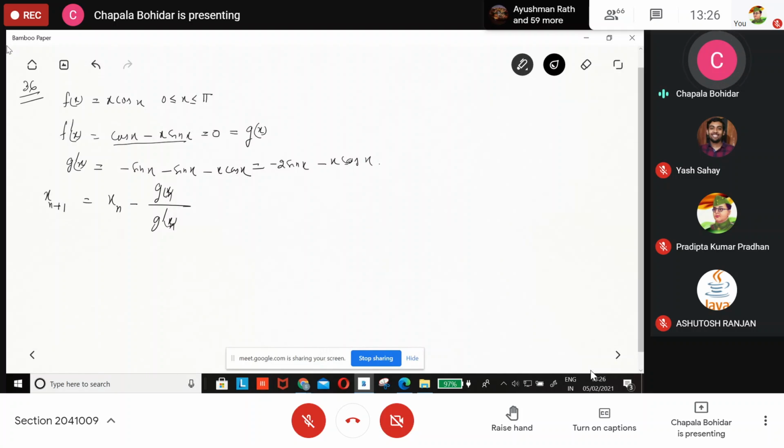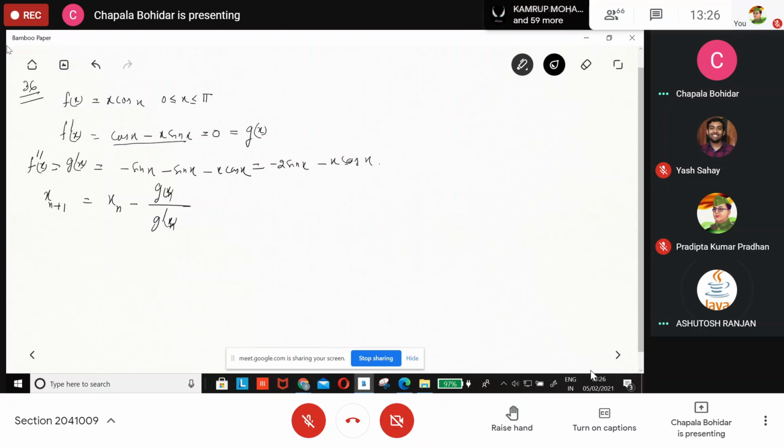Instead of writing f x, I have to write f dash x or f double dash x, it is equal to f double dash x. All of you clear here? It is given to you as absolute maximum value. Clear? This part is clear?